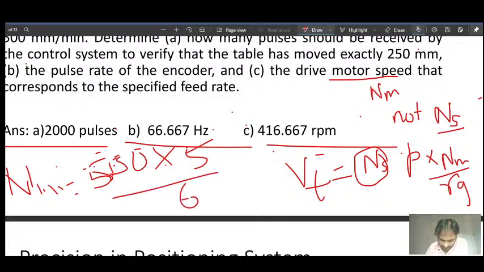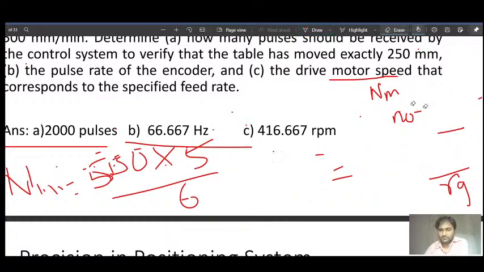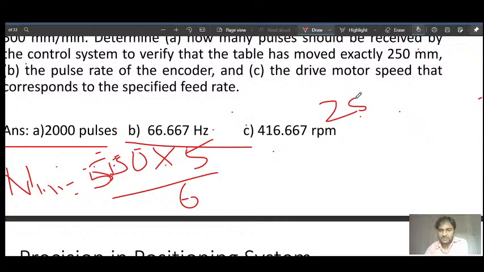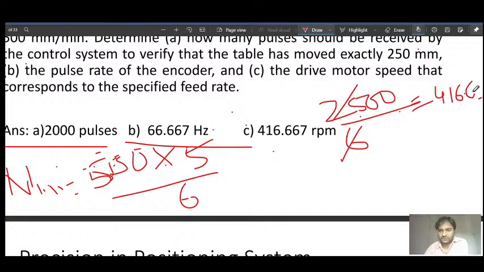So it becomes 2500 by 6, and we will get 416.667. So we will get this value.